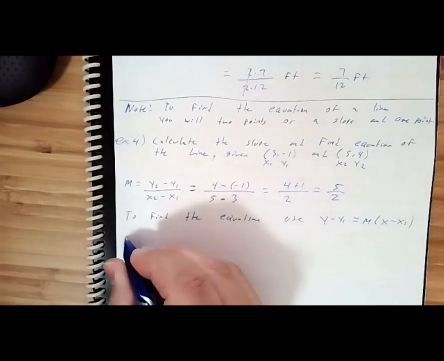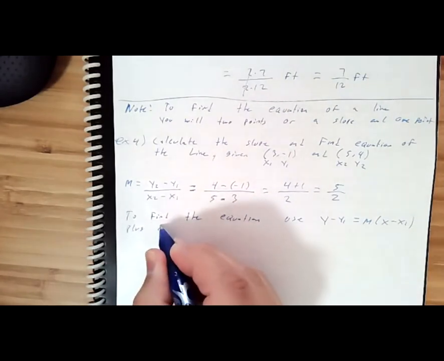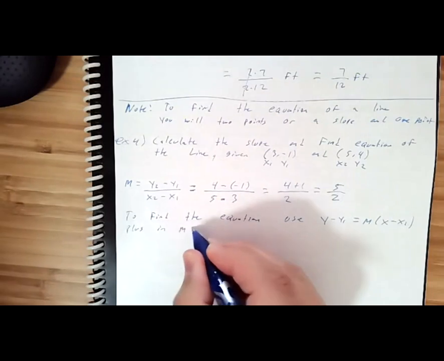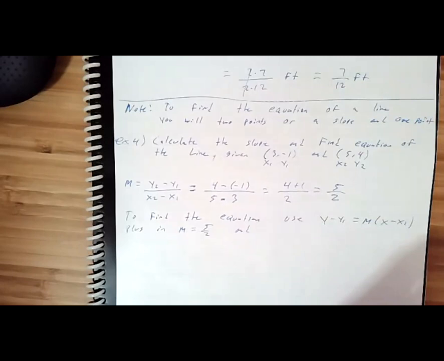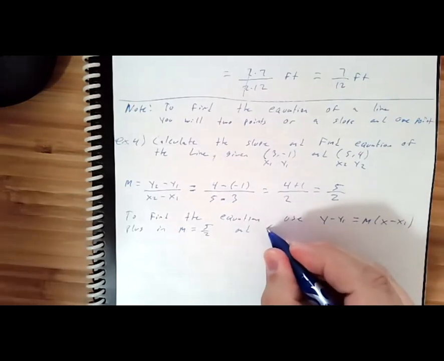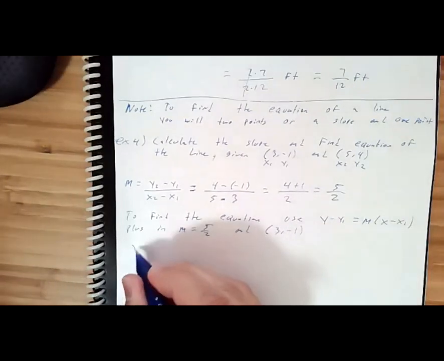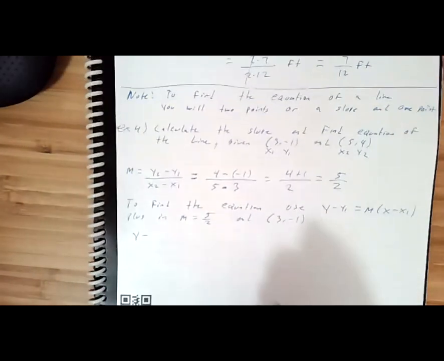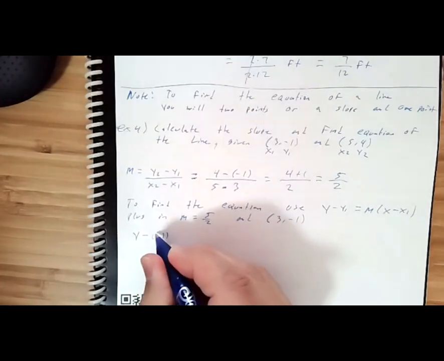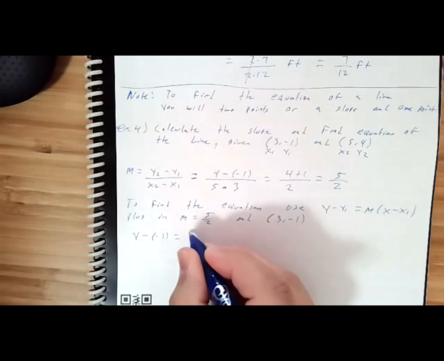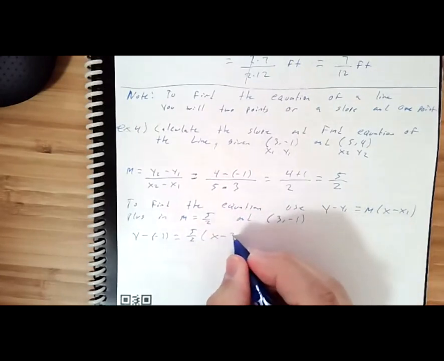Okay, so I'm going to make a note here: plug in m equal to 5 halves and 3, -1. So that'll give us y minus y1 equal to m times x minus x1.